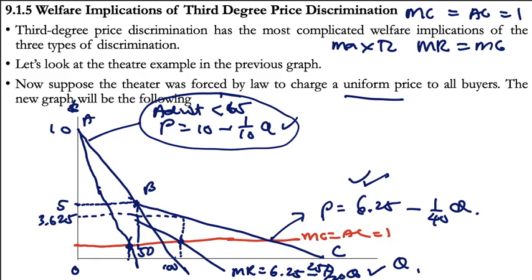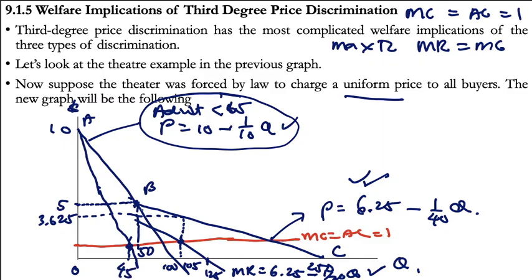The quantity here would be, let's say, 105. Okay, it is the right quantity anyway, because this one is 125, so it is between 100 and 125. The price is 3.625.